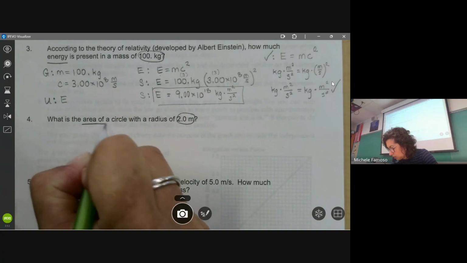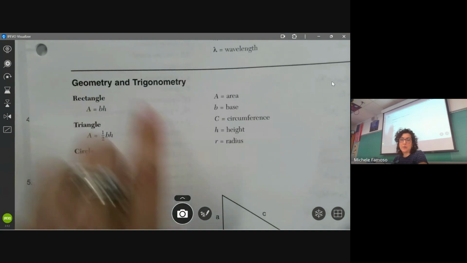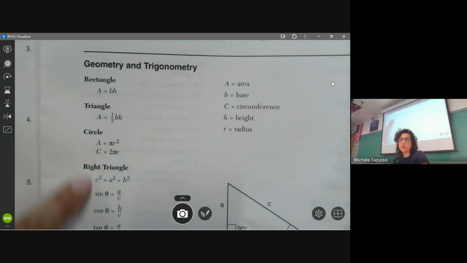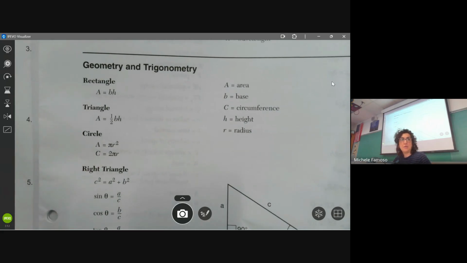Yeah, and I'm going to actually say area of a circle because there's multiple areas on our reference table. So which section of the reference table do you think we're going to work with, Blake? Yeah, the geometry section. It's a geometry problem. Geometry down here. And notice it's broken down into different shapes. That's why I said area of a circle. We're going to look at the circle subset of equations.